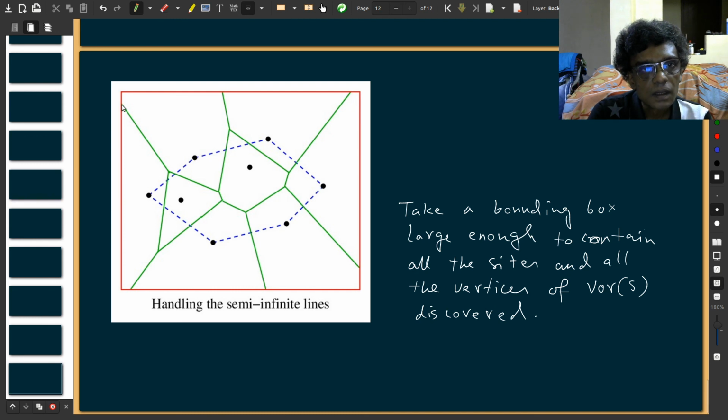With the understanding that this will go further, but anyway I will look into this finite snapshot of the Voronoi diagram. Likewise, take the perpendicular bisector, see where it intersects the bounding box, and replace these plus infinities by this and minus infinities by this. This is the lower hull, minus infinities; upper hull, plus infinities.